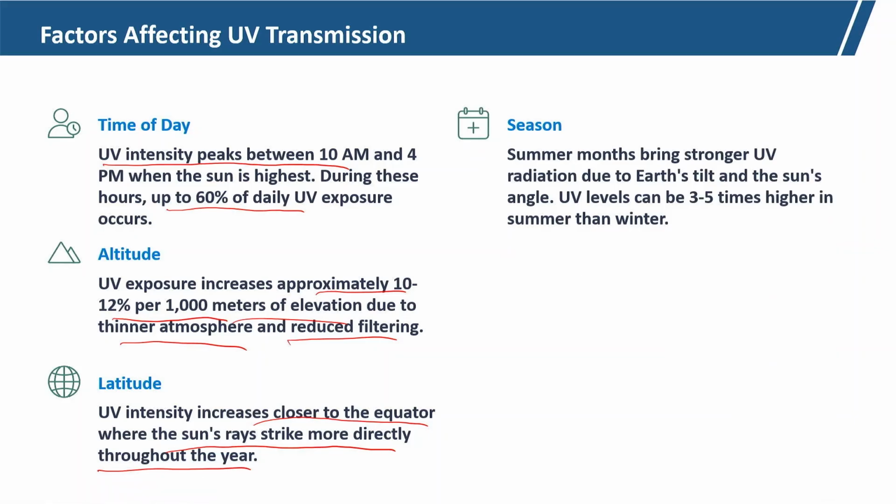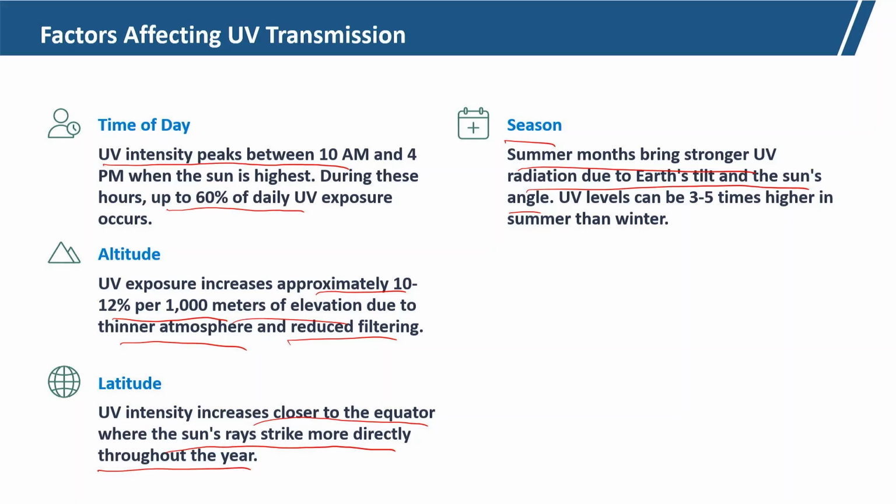In different seasons the UV transmission changes. The UV index for a particular place also changes with the season. Summer months bring stronger UV radiation due to Earth's tilt and the sun's angle.